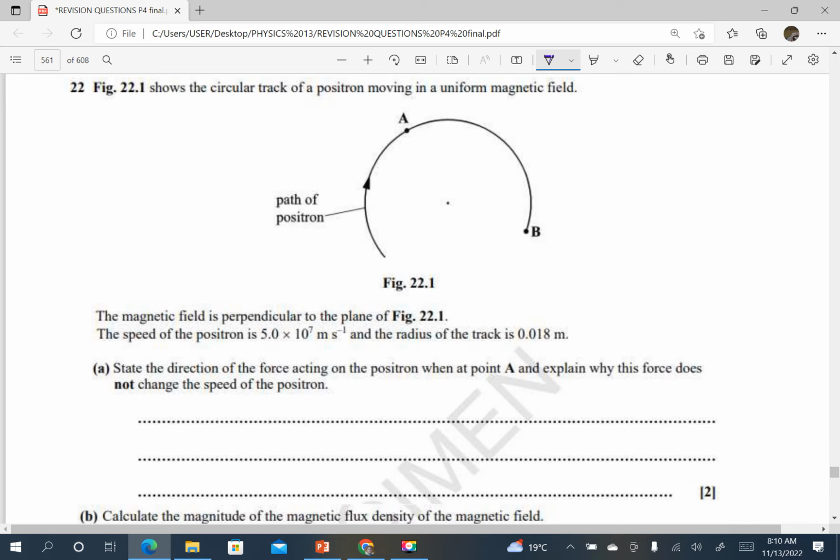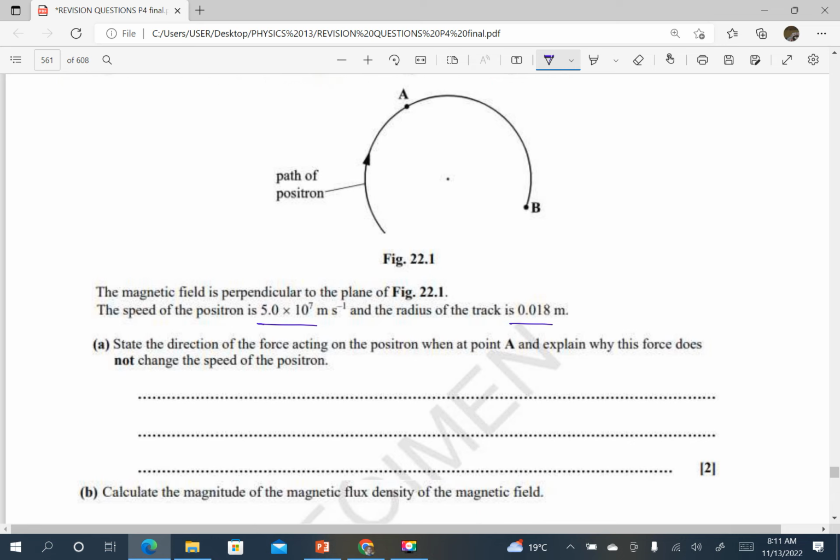The magnetic field is perpendicular to the plane of the figure. The speed of the positron is that one, and the radius of the track is 0.018 meters. State the direction of the force acting on the positron at point A, and explain why this force does not change the speed of the positron.